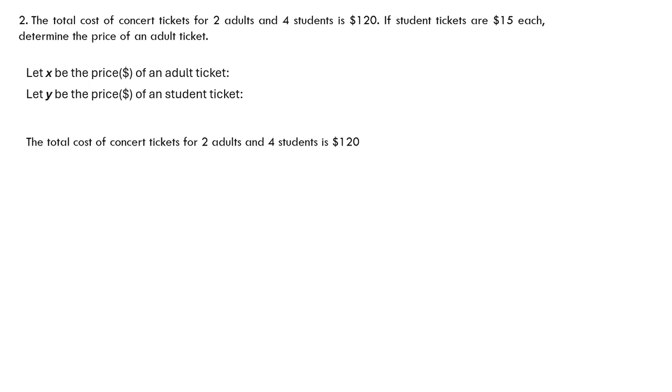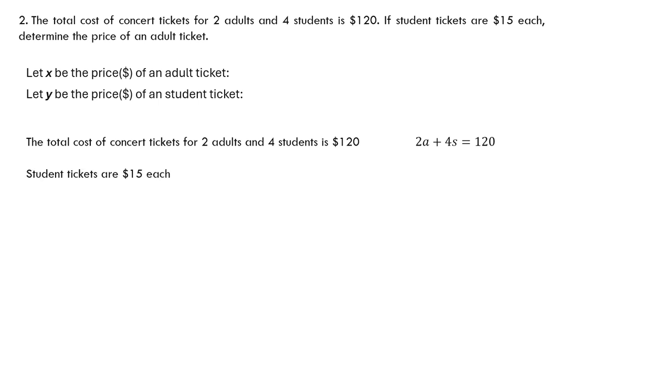So the total cost of concert tickets for 2 adults and 4 students is $120. Let's represent that with the equation 2A plus 4S equals 120. So 2 adult ticket prices plus 4 student ticket prices equals 120.